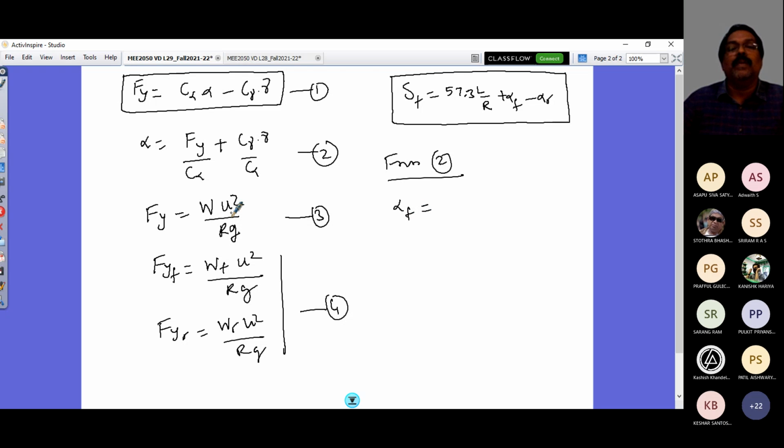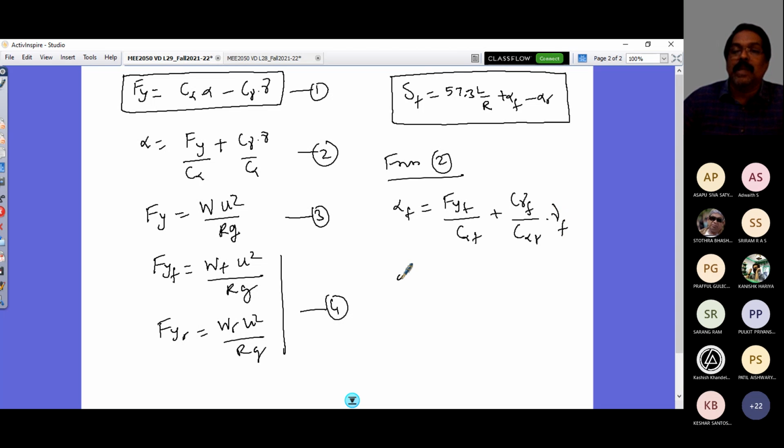Alpha would be given by substituting here: Fy by C alpha F plus C gamma F by C alpha F into gamma F, where C gamma F is the camber stiffness of the front axle wheels.